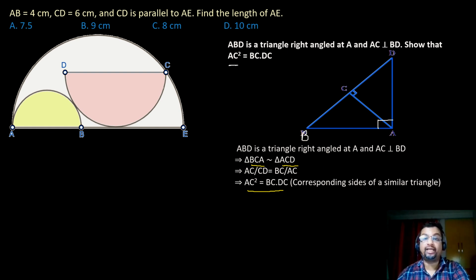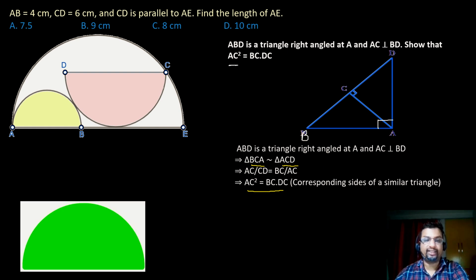In one more way we can use the same theorem. What is that? If there is a semicircle and I draw a perpendicular from any point of the circle on the base, it will divide the base into two parts.